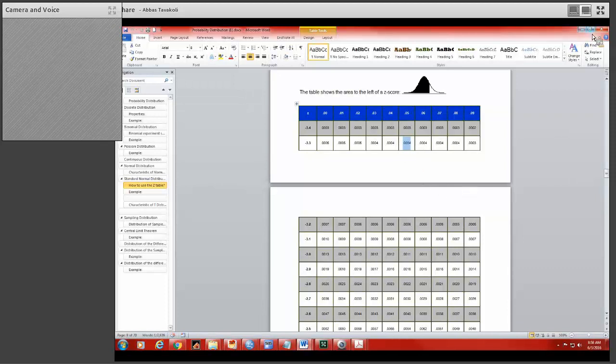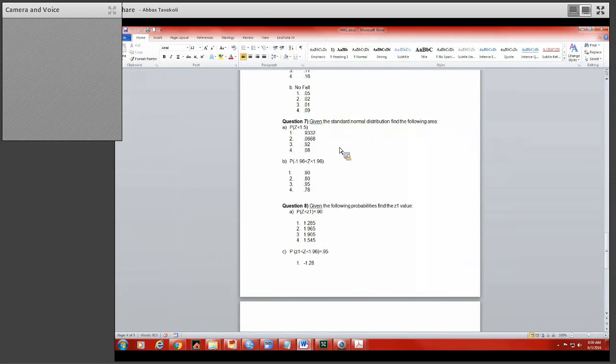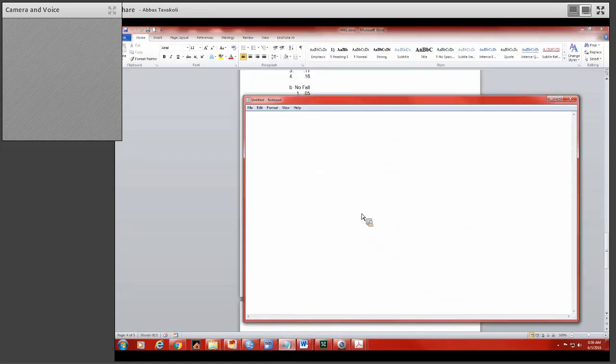For example, if I'm asking you to find the z value negative 3.35, that means this is your center, which is 0, negative 0.3 somewhere here, and you would look at negative 3.3 and 5, that would be your area, 0.0004. So that's what I'm asking for.